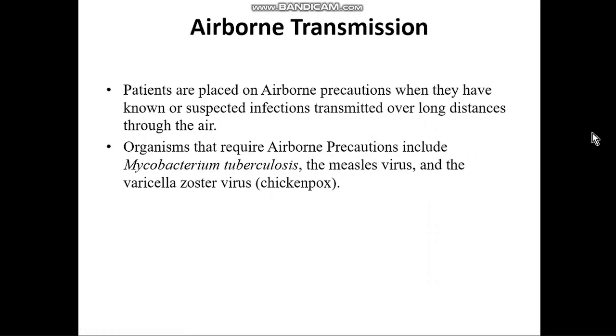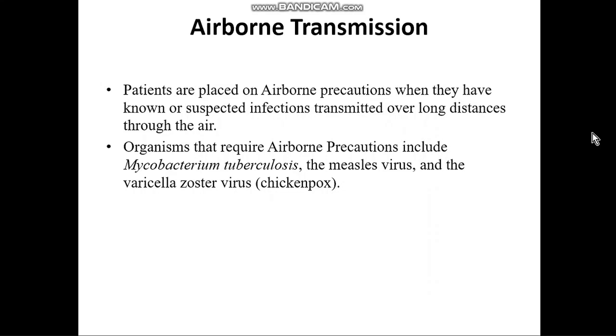Now we come to airborne transmission. Patients are placed on airborne precautions when they have known or suspected infections transmitted over long distances through the air. As I have already mentioned, droplet nuclei that transmit through airborne transmission have a very small size, less than 5 micrometers in diameter, and they can pass along with the gases or the air in the room or outside for a very long distance and a long period of time.